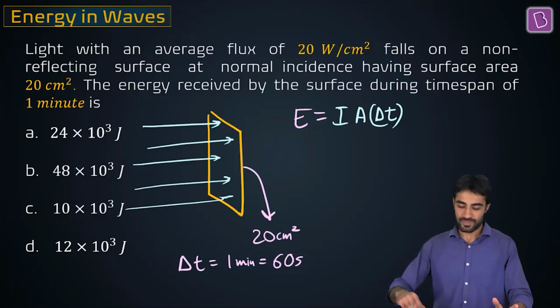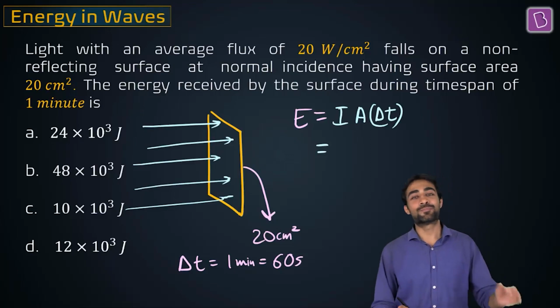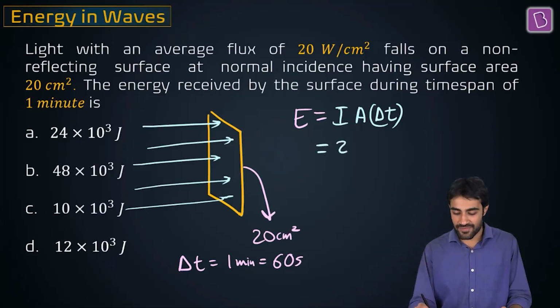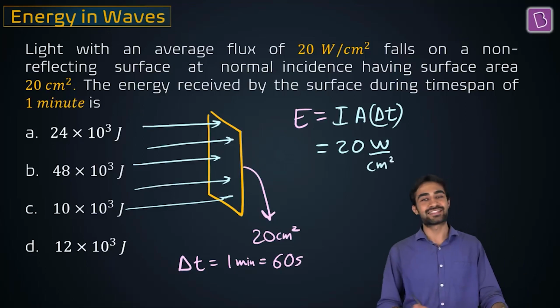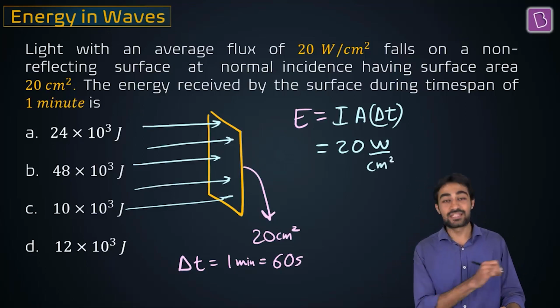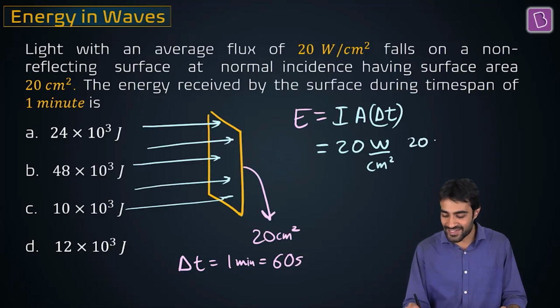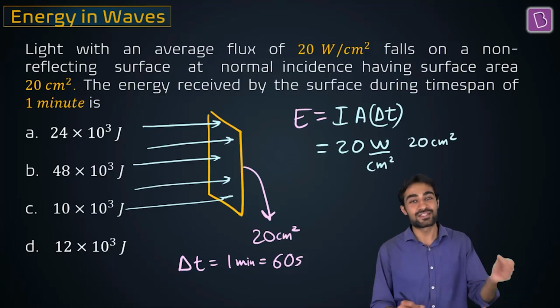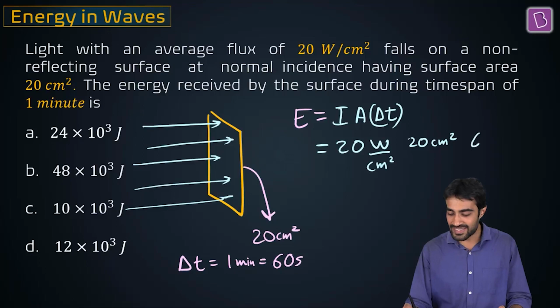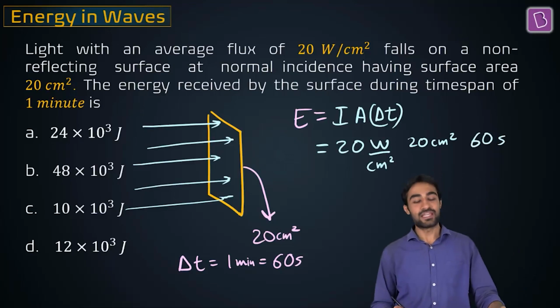Now, what is energy per unit area per unit time? It is given to be 20 watt per centimeter square. What is the area? The area of this surface is 20 centimeter square. What is the time interval? The time interval is 60 seconds. Let's multiply them.